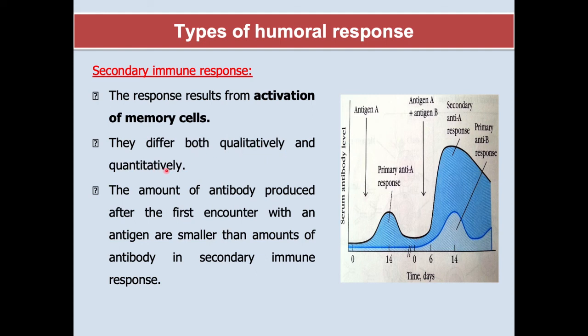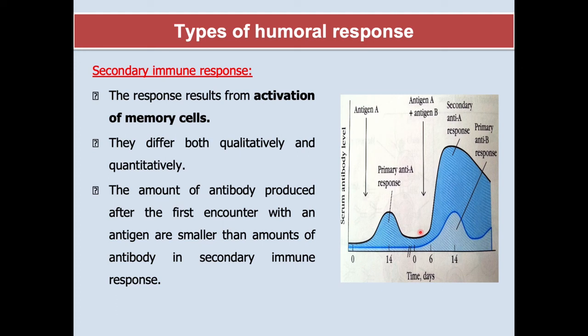They differ both qualitatively and quantitatively, of course, because for the second infection the memory B cells are already there. As soon as the antigen enters, the memory B cells recognize it, and they stimulate the plasma B cells.